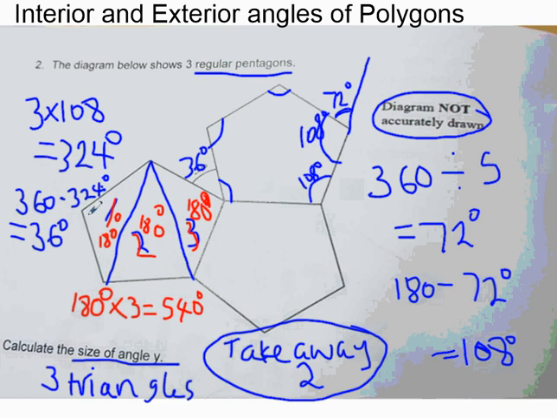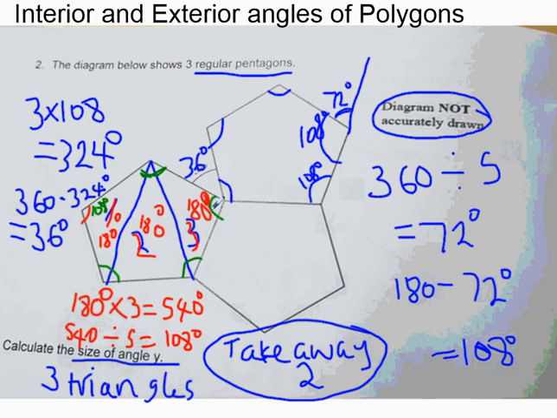Now, if the whole angles inside this pentagon add up to 540 degrees, it makes sense to work out what each one will be. So I could then do 540 degrees divided by 5 sides, because there are 5 angles inside, and I'll end up having 108 degrees for each one here. So each of the 5 angles inside will be 108.